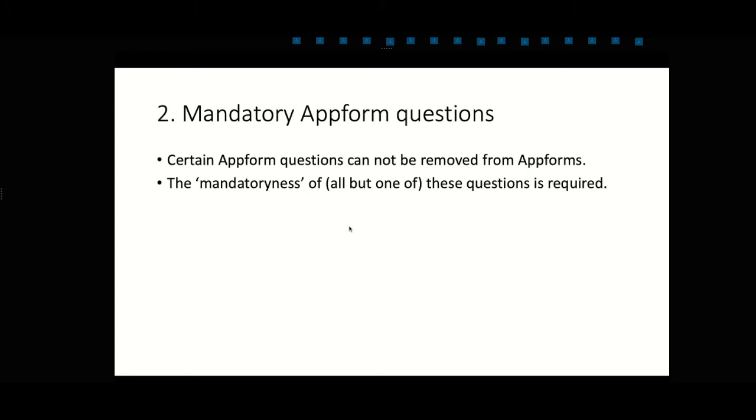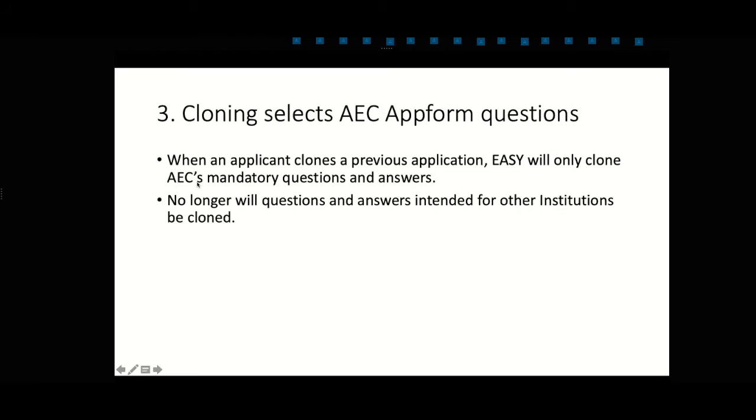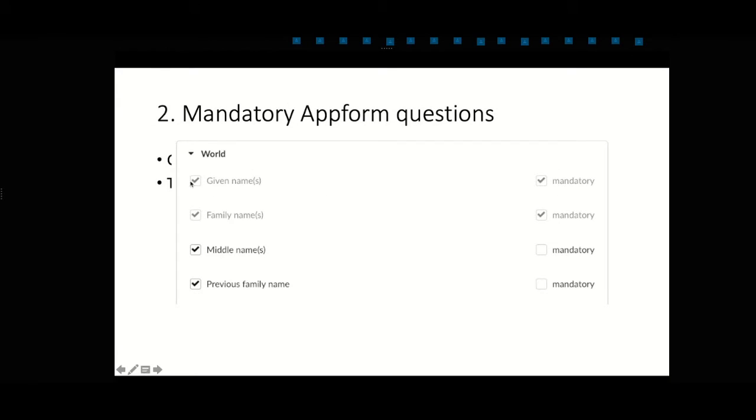Mandatory app form questions. I think I discussed it more than I was planning on, but this is what this will look like when you are managing your app forms from now on. For example, given name and family name are required by AEC, and so you can no longer deselect their mandatoriness. It will be mandatory for the applicant, and you cannot remove these particular questions either.